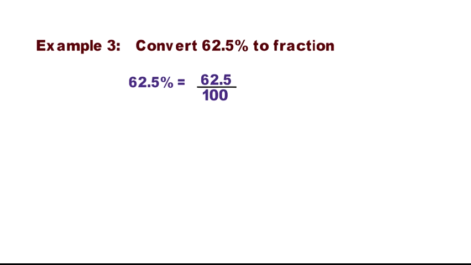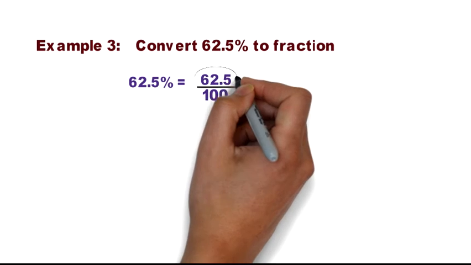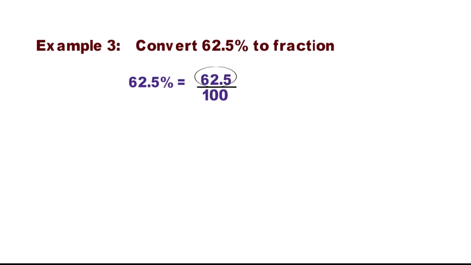Next, we can see that the numerator, 62.5, has a decimal point. So, it may be a little difficult to divide. We need to convert 62.5 to a whole number. To convert the numerator to a whole number, we need to multiply the numerator, 62.5, by 10.